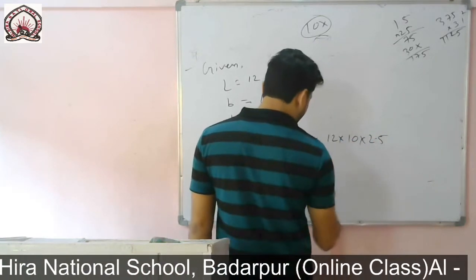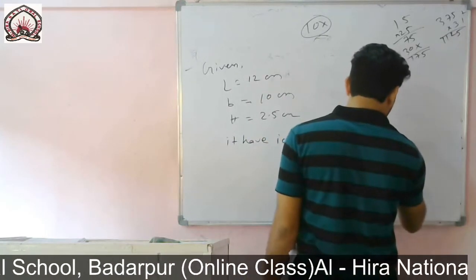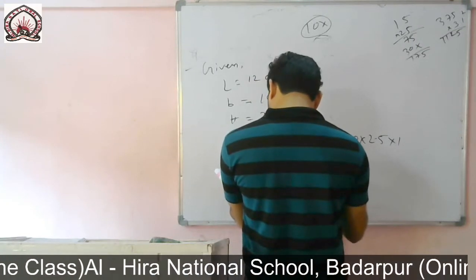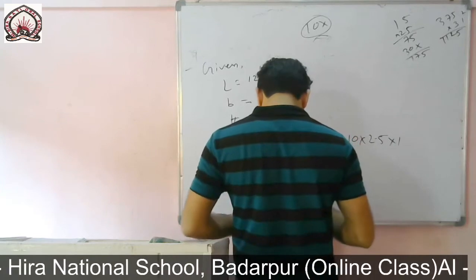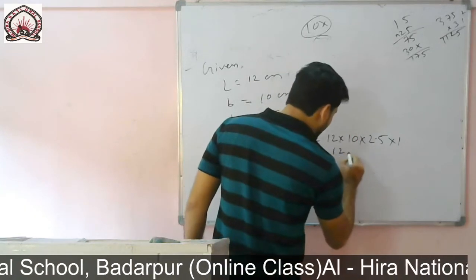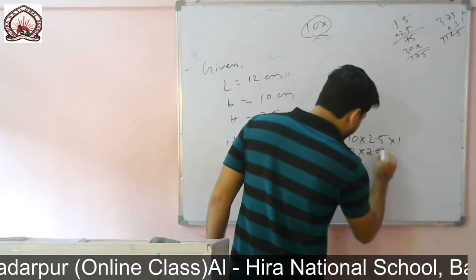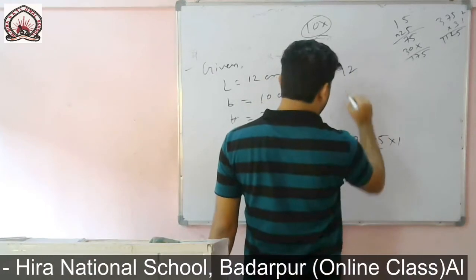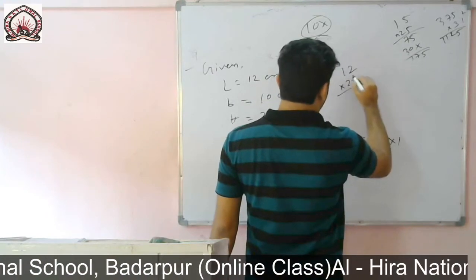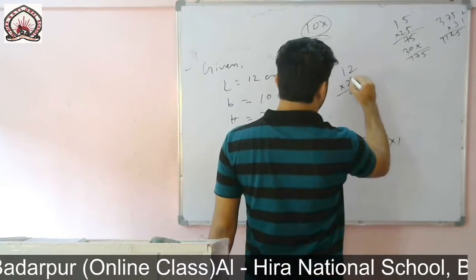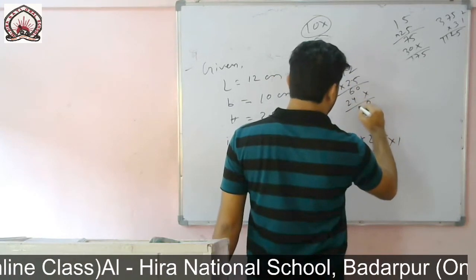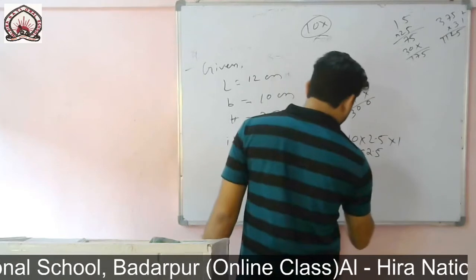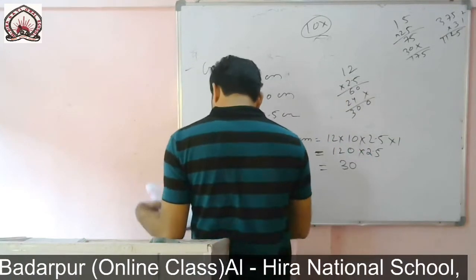Okay, so if you multiply, then you will get the answer. 12 into 10 is 120 into 2.5. Now 12 into 2.5: 5 2s are 10, and so on, so we get 30. Okay, so the answer will be 30.